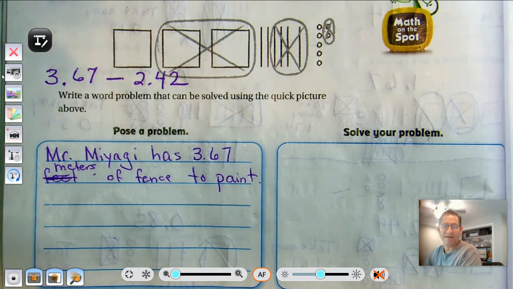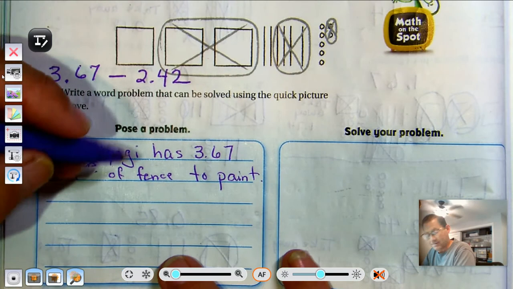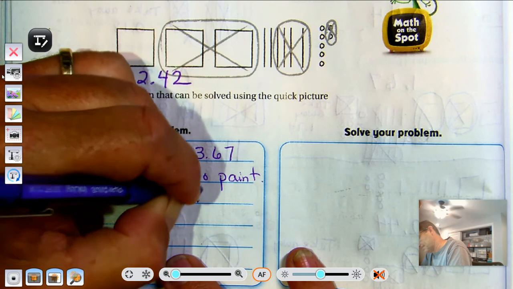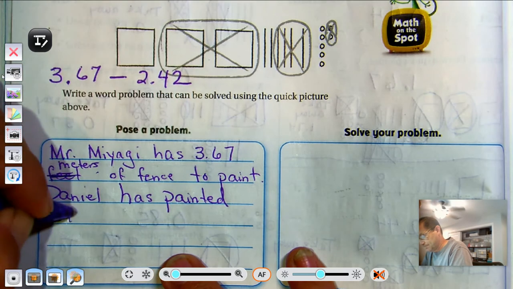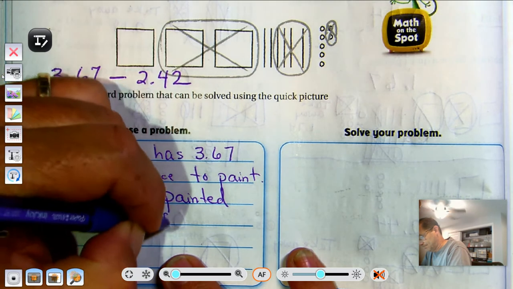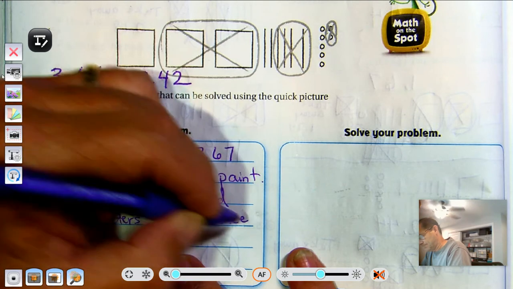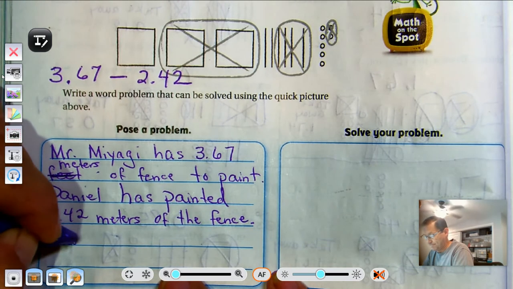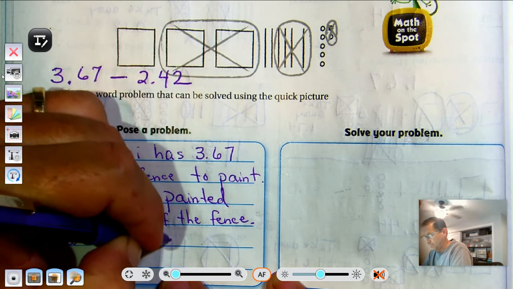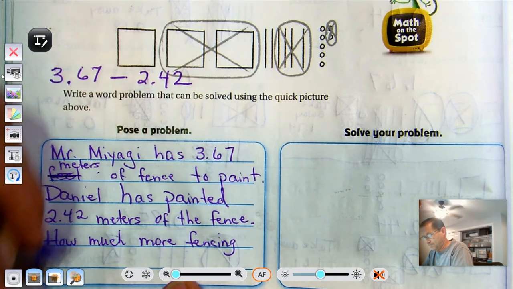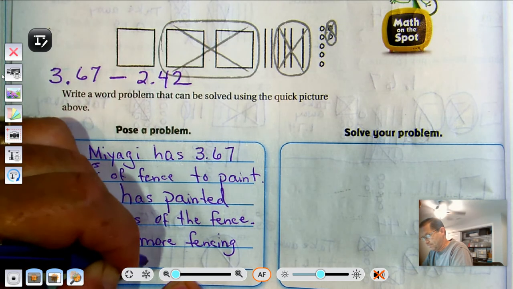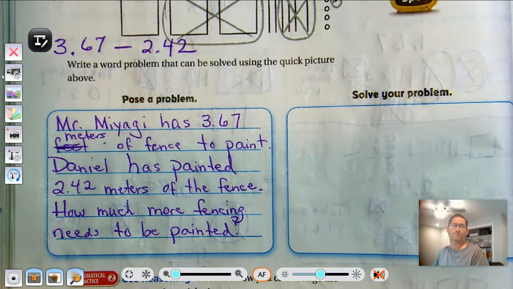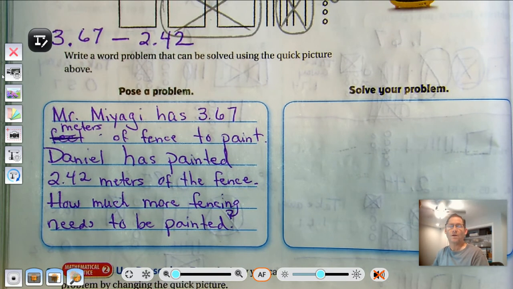You've completed or done 2 and 42/100ths of it. How much more does he have? So solve the problem.